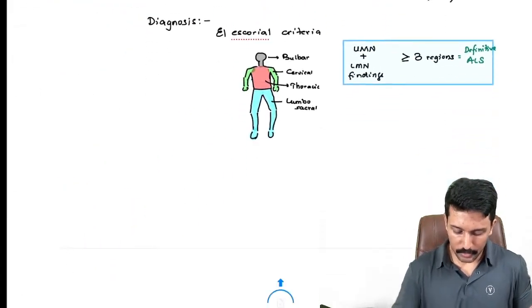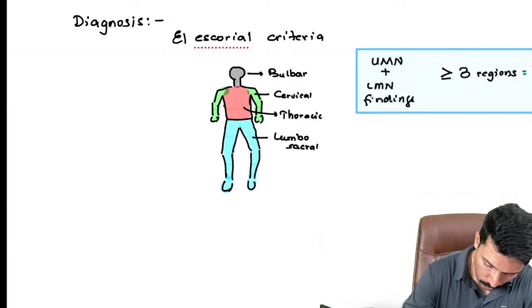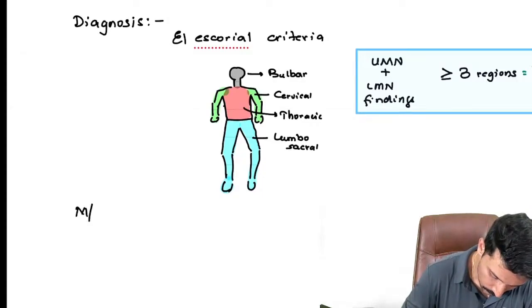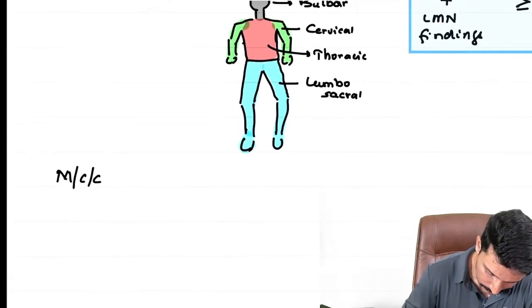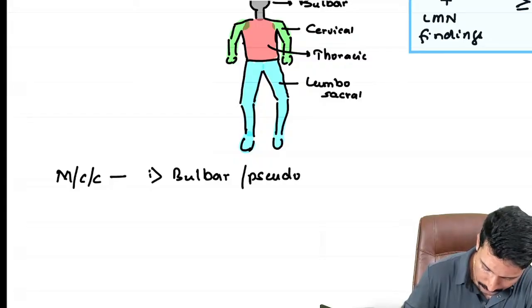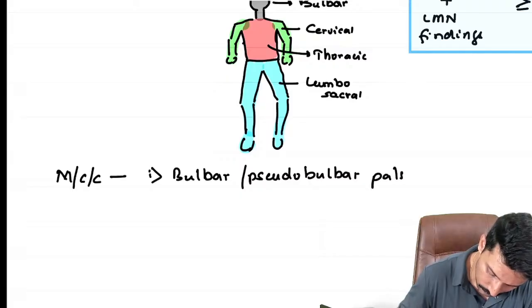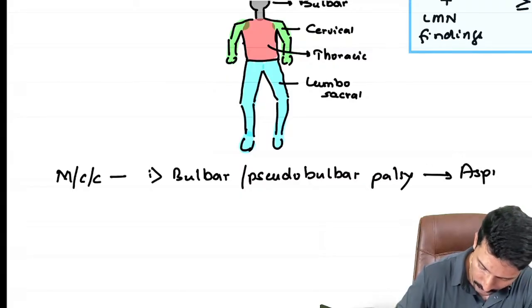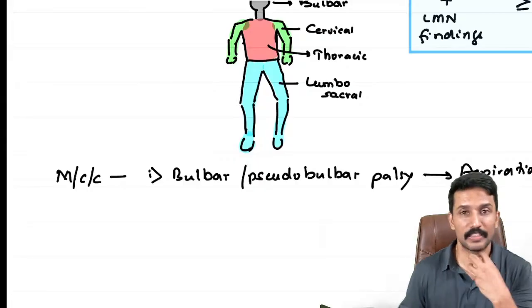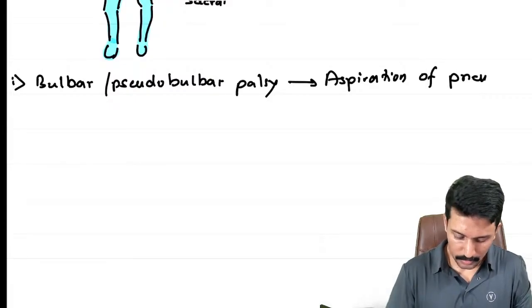Okay. Once you have diagnosed, we should also know that they are at high risk of death. The most common cause of death is, one, bulbar or pseudobulbar palsy leading to aspiration, because they have dysphagia, difficulty to swallow, and that leads to aspiration of food, and they can develop aspiration pneumonia and die.